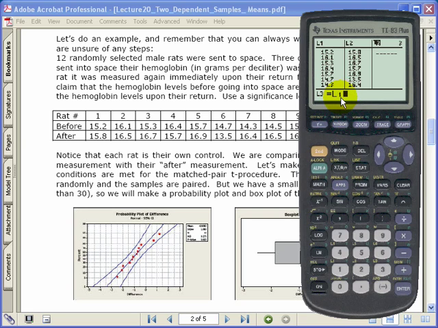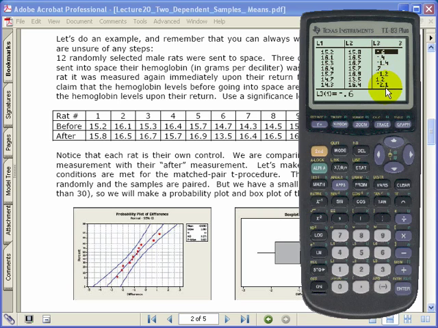Then I hit the subtract key, then the yellow second key and 2, and that puts in L2. So it'll take what's in L1, subtract what's in L2, and put it over here. It does that for all of these when I hit enter. So there's all my differences.